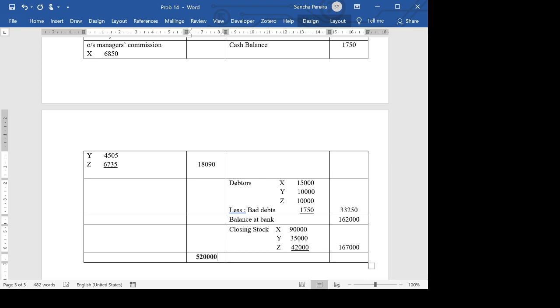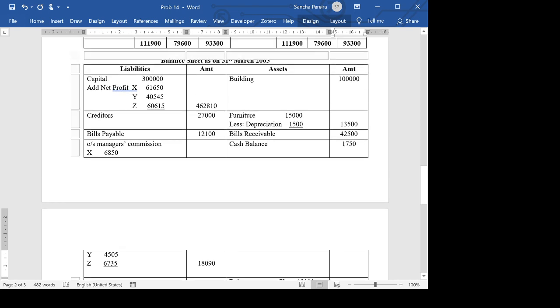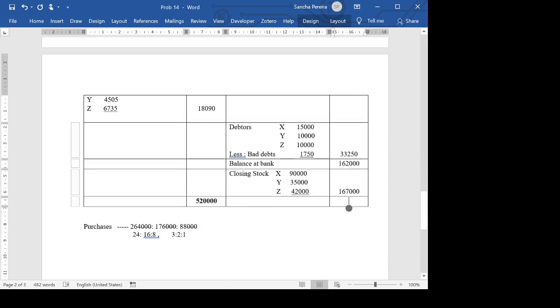Let's see, it's 5,20,000 the other side as well. Minus 1,13,500 minus 42,500 minus 1,750 minus 33,250 minus 1,62,000. Yes, it is tallying. It's 5,20,000.